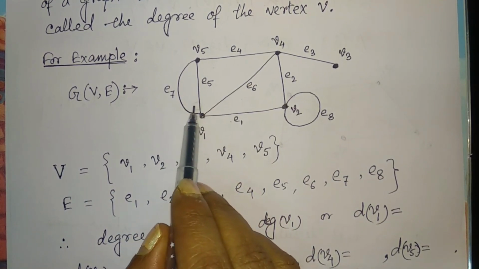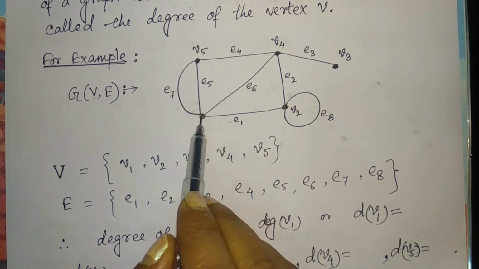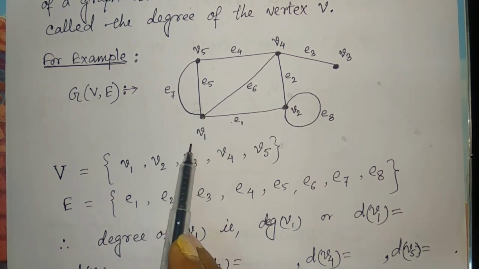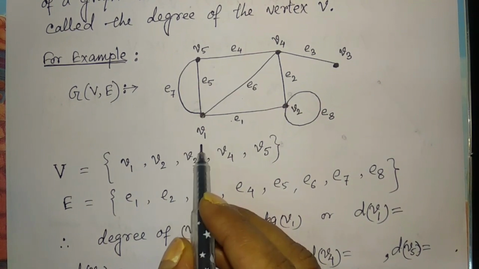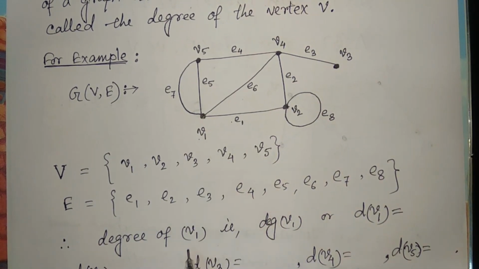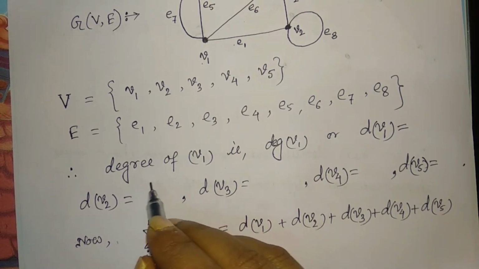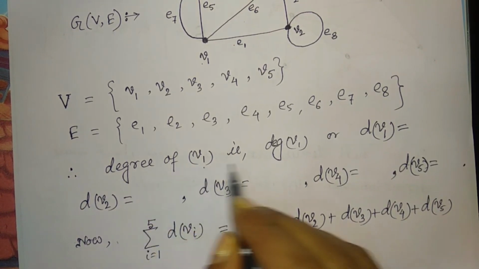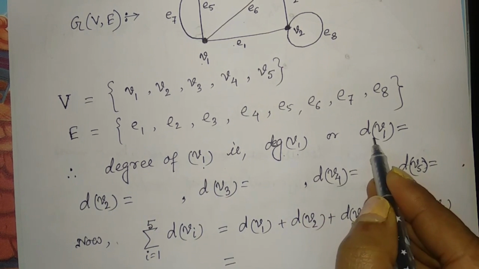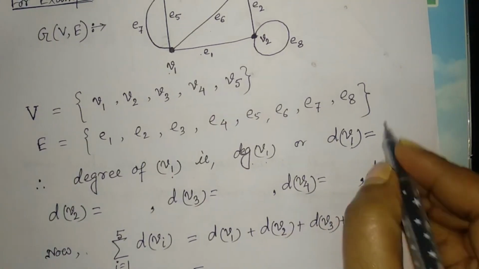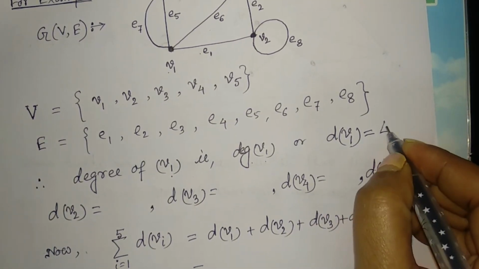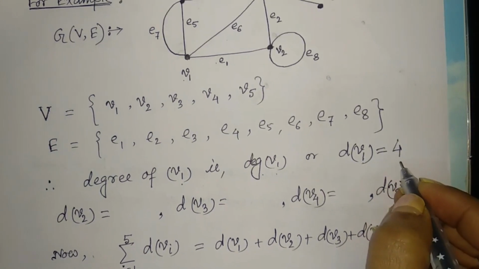These are the 4 edges which are incident to the vertex V1. So we can say the degree of the vertex V1 is 4. We can write the degree of the vertex in this format: degree of V1, or degree V1, or d(V1). So this degree of V1 is 4 according to our calculation.